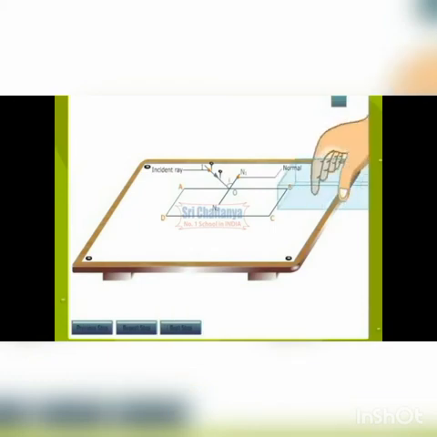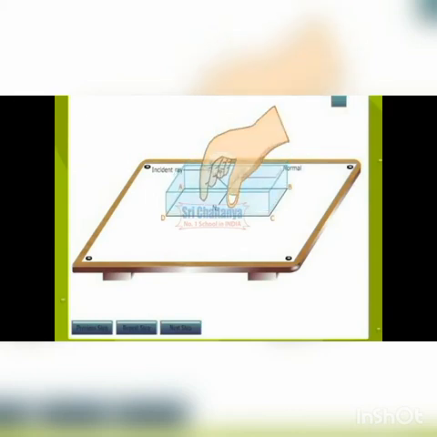Draw IO to represent the incident ray. Draw the normal N1, N2 at the point of incidence O. Fix 2 pins on the incident ray IO. Place the glass slab within its boundary ABCD.